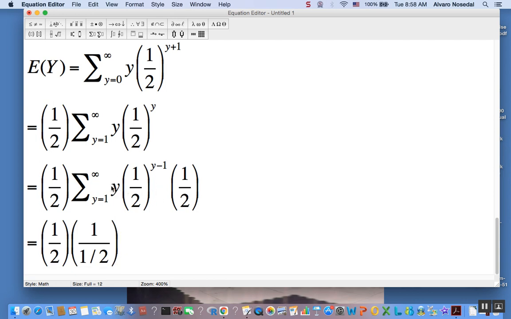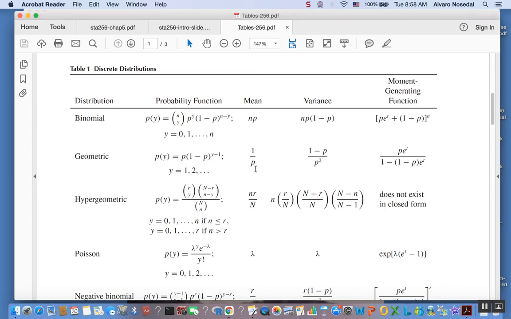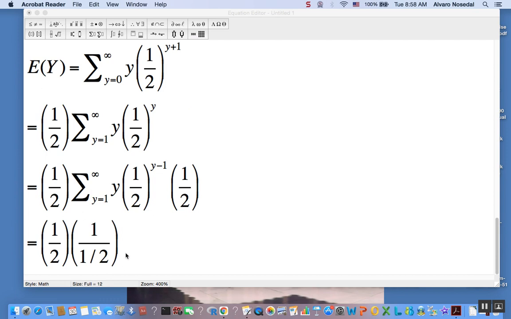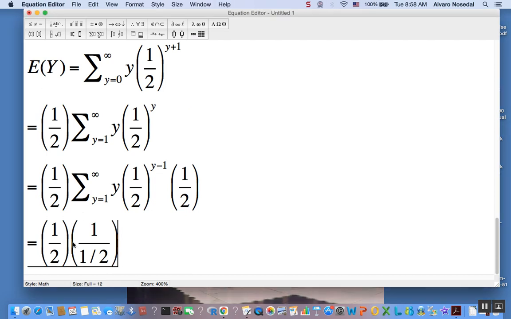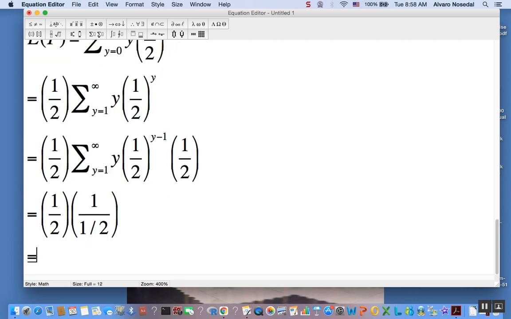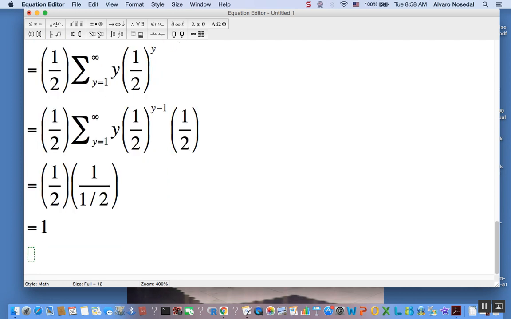That's the expected value of y, and in this case, we can think of this as a geometric random variable, and the expected value of a geometric random variable with parameter p is 1 over p. In this particular case, p equals 1/2. So what we have here is 1/2 times 1 over 1/2. Guess what? That's just 1. Okay, make sense?